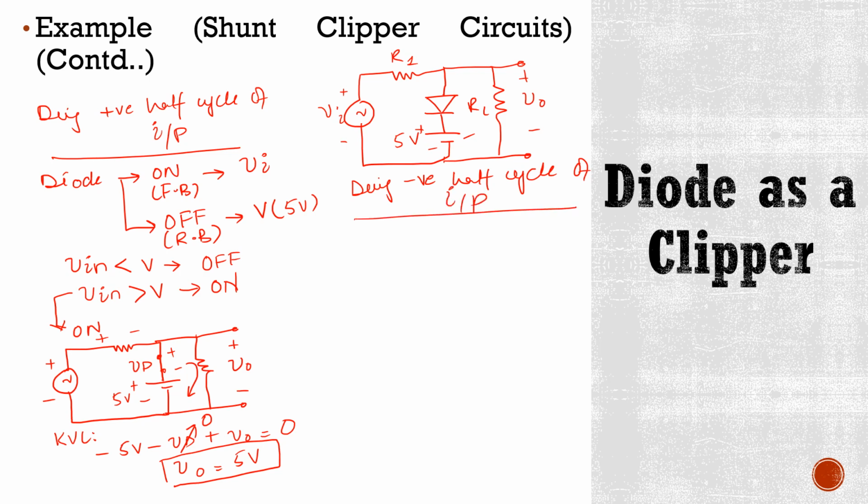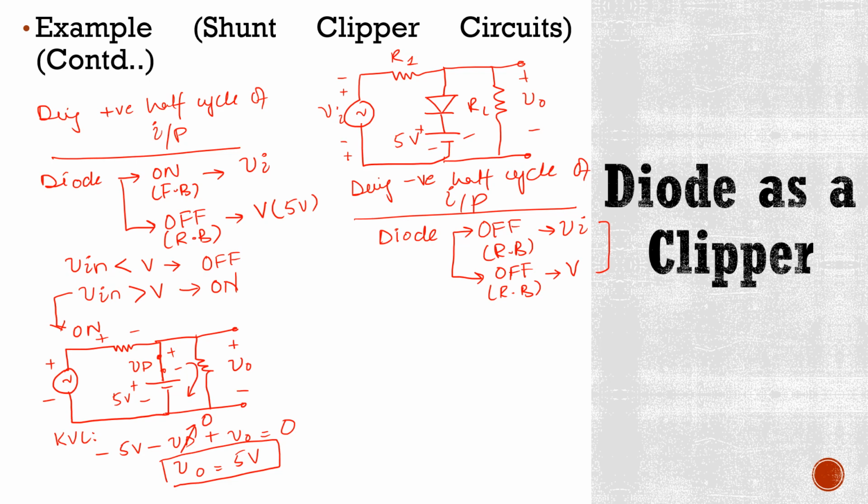It means when this terminal is negative and this is positive, then this diode is off or reverse biased by this input supply voltage, and again it is off or reverse biased by this DC battery. So now this diode will be reverse biased by both of these voltages.